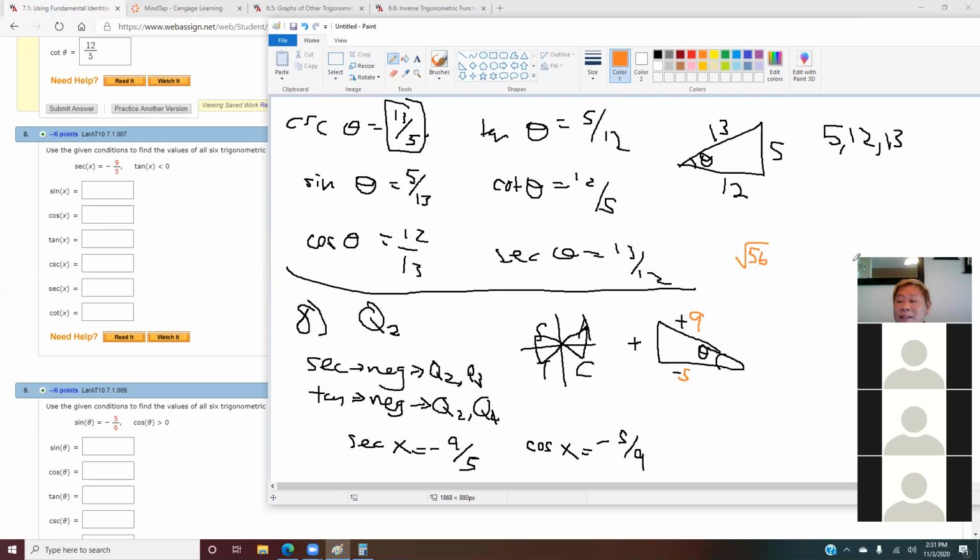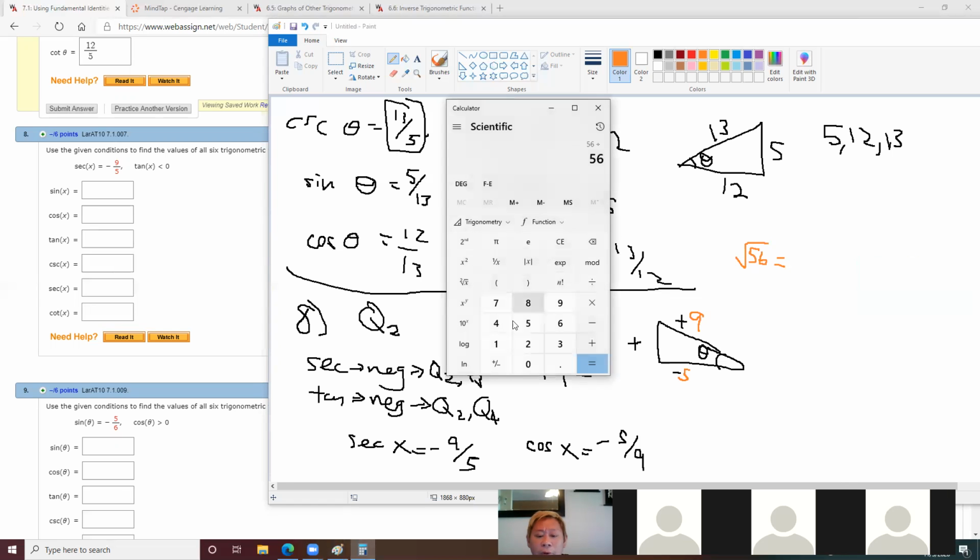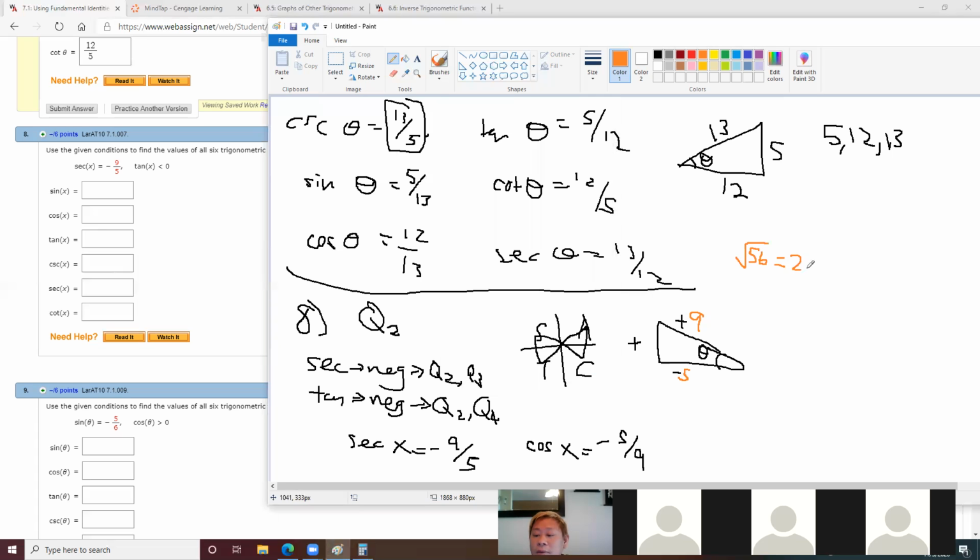If you give me root 56 in your finals, you will lose a point. What can you break down 56 with? Is it divisible by 4? Yep. So it's 2√14. If you give me root 56, everything you did here will be wrong. That's why you have to use 2√14.